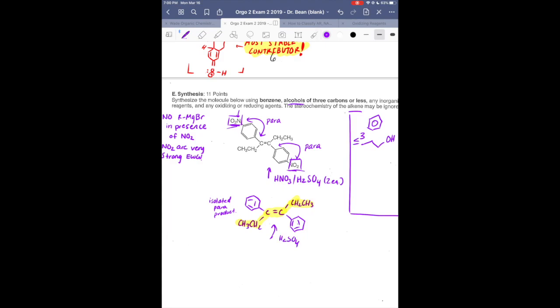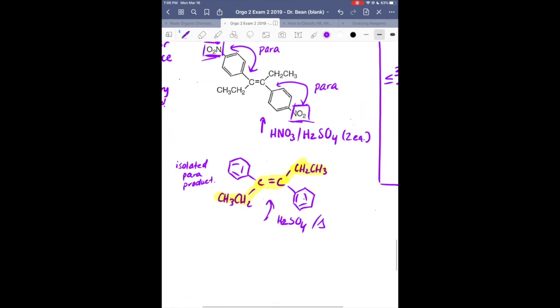You can go with plain old H2SO4 with heat. And what's so awesome about that is that you can get back to an alcohol, right? You can get back to having an OH group on there.